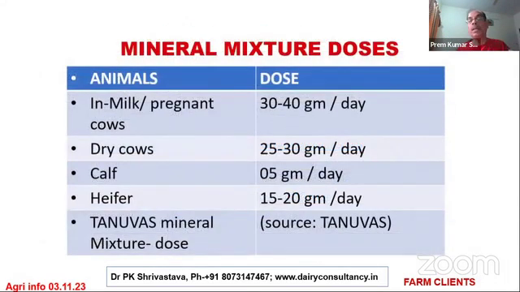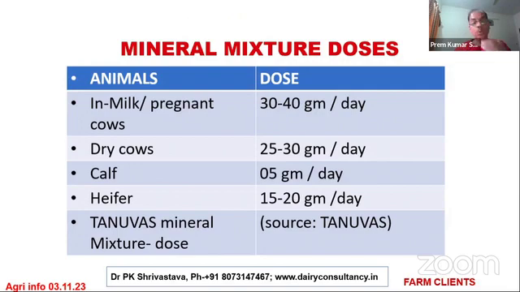And this is the mineral mixture feeding. Mineral mixture we have not taken up because time will not permit. Mineral mixture composition we'll discuss sometime. But here we have given, if at all you are buying from the market, I know they are the second variety, third variety. They are bogus. They are only giving chalk powder. I know that.